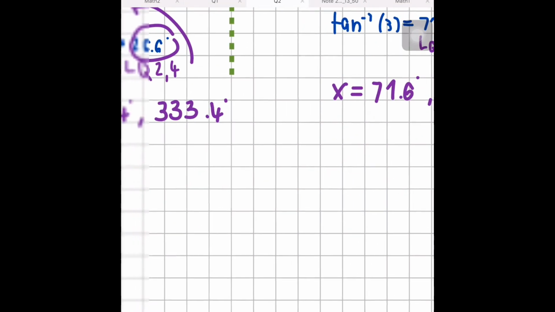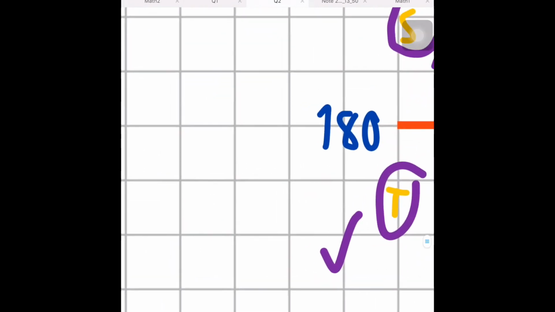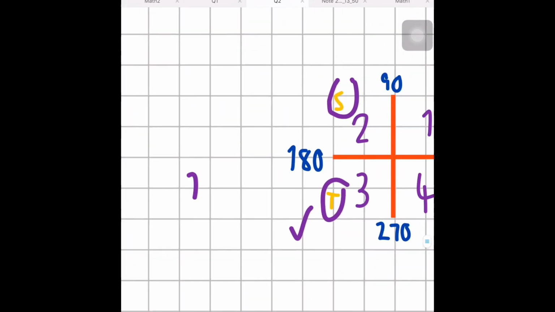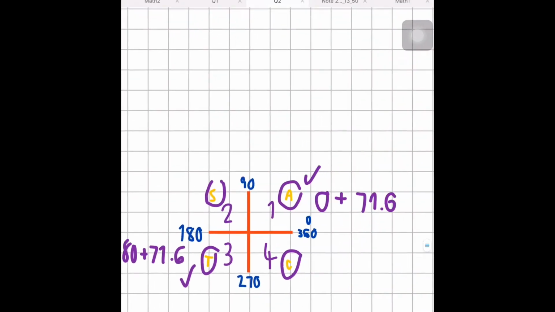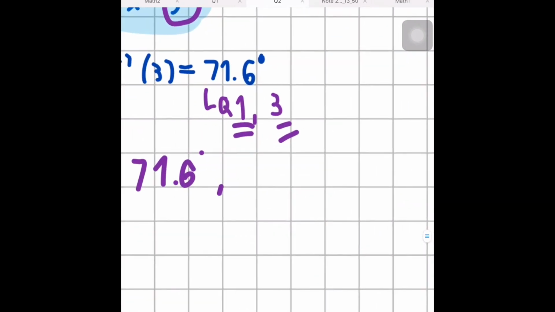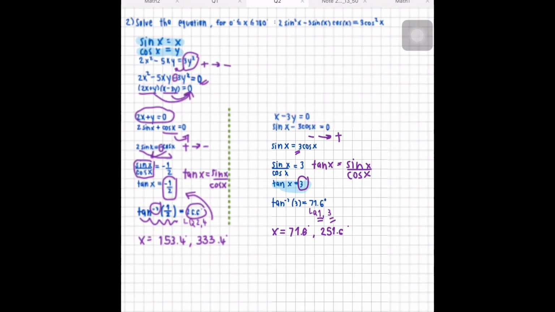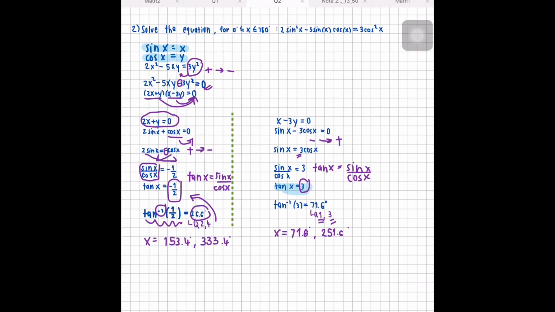And for quadrant 3, we'll use 180 plus 71.6. So the result is 251.6. And this is for number 2.